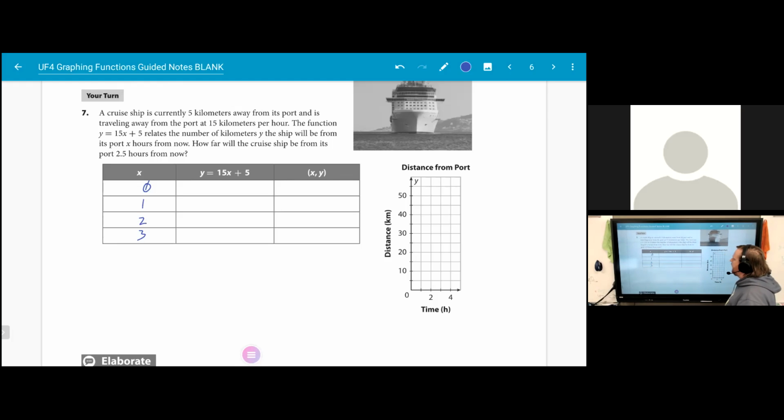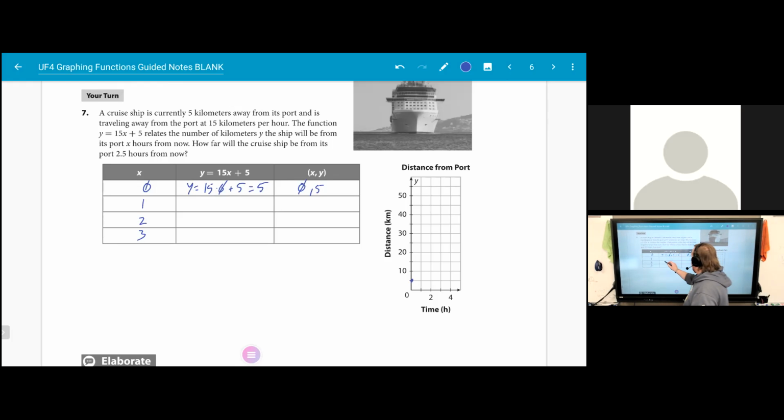All righty, let's finish this guy up, okay? What we're gonna do here is plug these values in. So y equals 15 times 0 plus 5. Well, 15 times 0 is 0, plus 5 is 5. So when x is 0, y is 5.